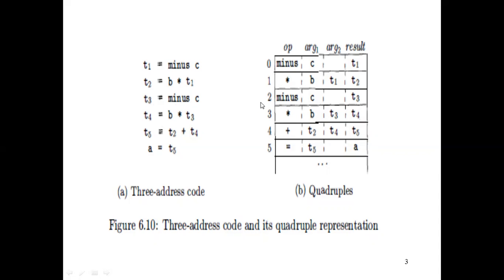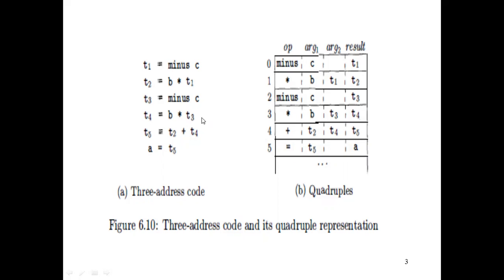Minus will come here, C is argument 1, there is no other argument, so we leave it blank. We are going to assign minus C to T3, so the result will be T3.